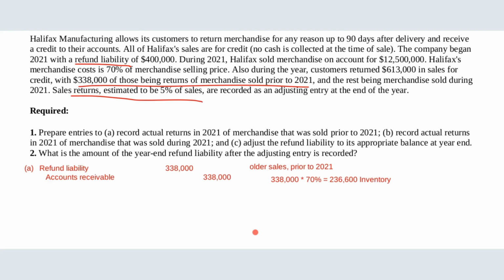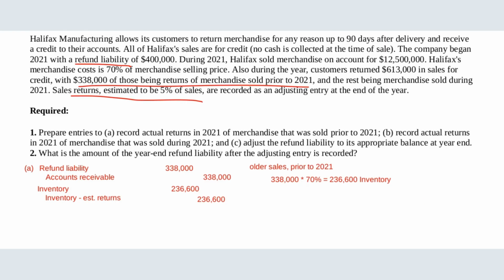Because remember that when we first increased the refund liability, we debited inventory estimated returns. And I put investment instead of inventory. I said inventory, but I did something else. Okay, 236,600. Okay, so that takes care of the older returns.